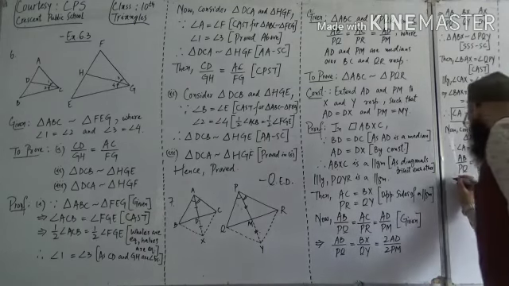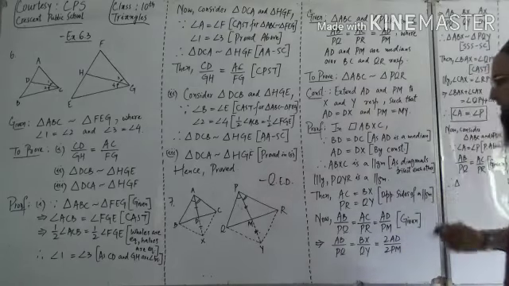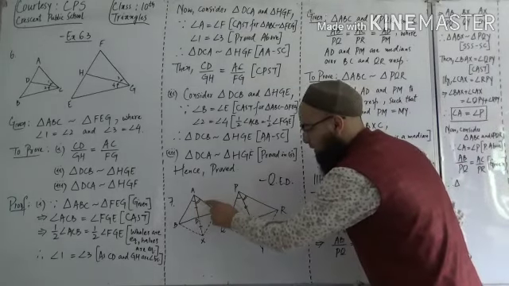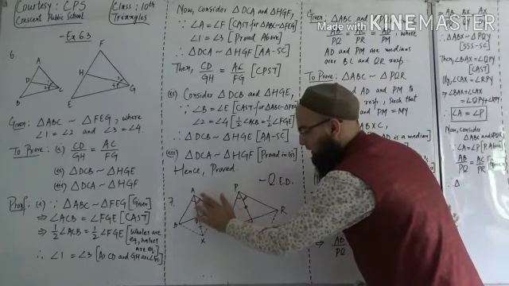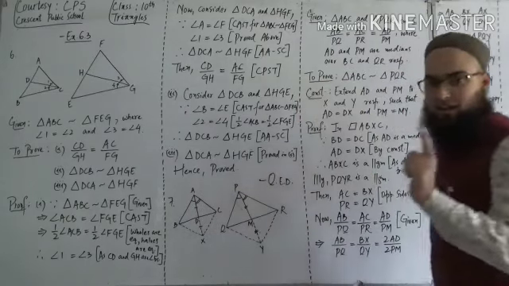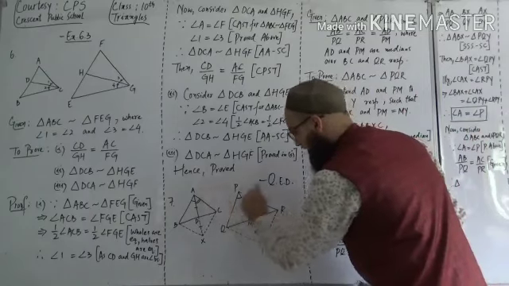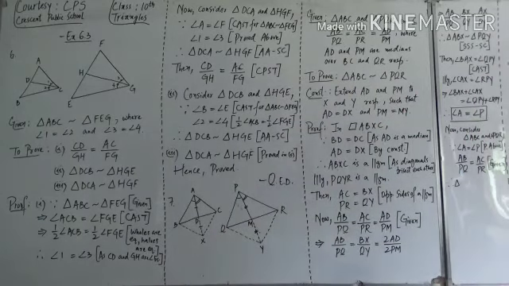Therefore, what you can say, one angle of one triangle is equal to another angle of another triangle, and the sides including these angles are in proportion. AB by PQ is equal to AC by PR. So according to theorem 6.5, that is side angle side similarity criterion, we got triangles are similar.